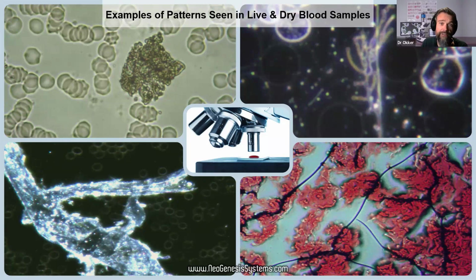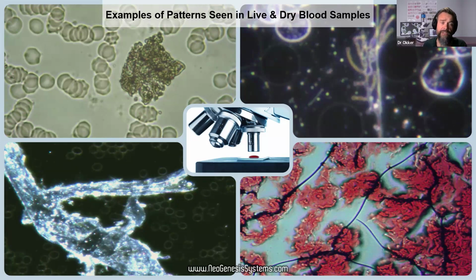None of these, by the way, are examples of normal blood. All of these are quite abnormal. And we cover all of this, the interpretation, all the implications, and whatever corrective measures need to be put in place to deal with all of the anomalies that we detect in live and dry blood analysis, in the training course materials.